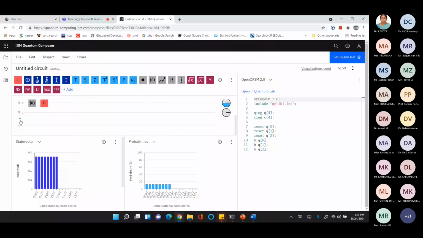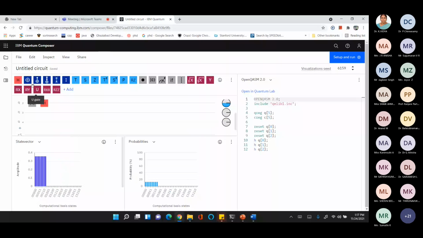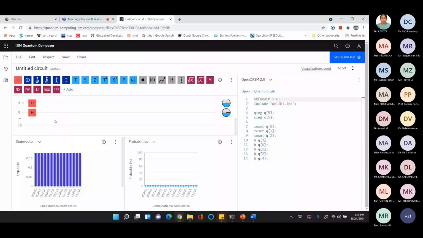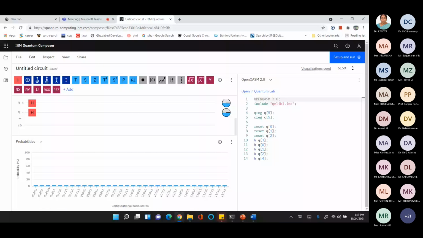If you don't initialize a qubit, by default it is initialized with 0. So I'm simply applying the Hadamard gate. If you see this probability distribution, let's hide it. See here, I have 5 qubits initialized with 0 and I applied 5 Hadamard gates on them.